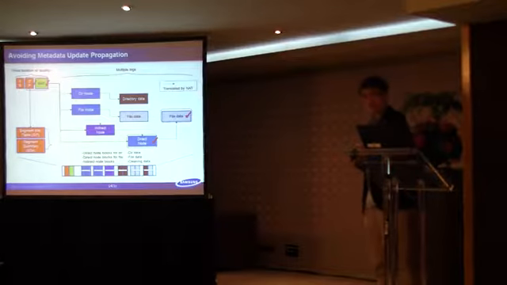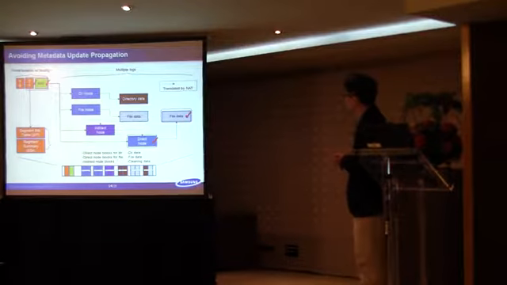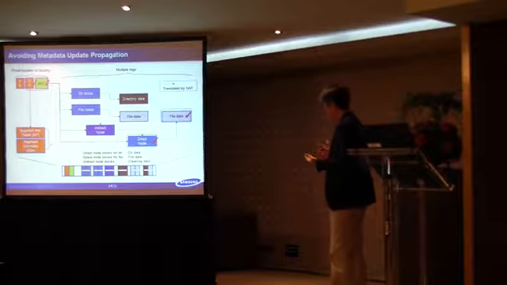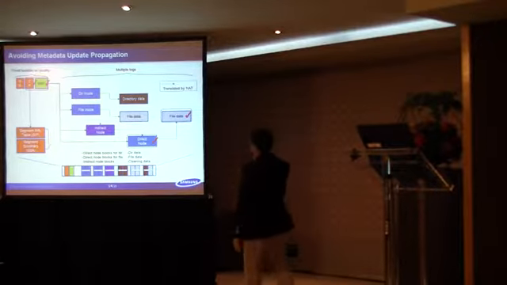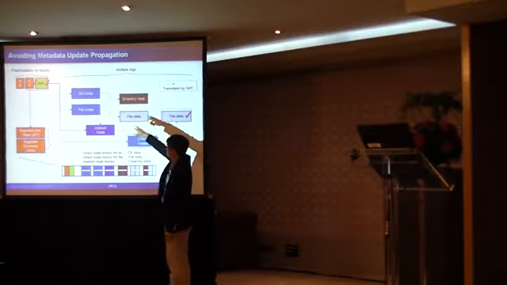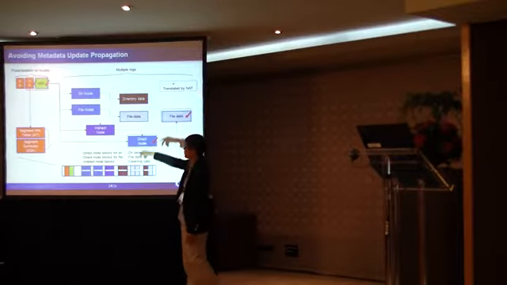So this is about how we address the wandering tree problem. Conventionally, when we update a file data block, we have to update the direct node and indirect node, the file inode, and even the inode map and checkpoint block.